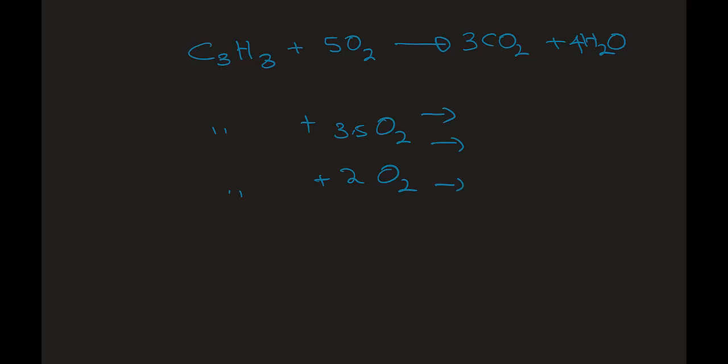You can practice when you have 5O2, 3.5O2, or 2O2. It's going to end up with different incomplete combustion products. Okay, so 3.5O2 will get you CO, carbon monoxide, and 2O2 will end up with some solid carbon leftover, carbon black. So try to balance it if you need.